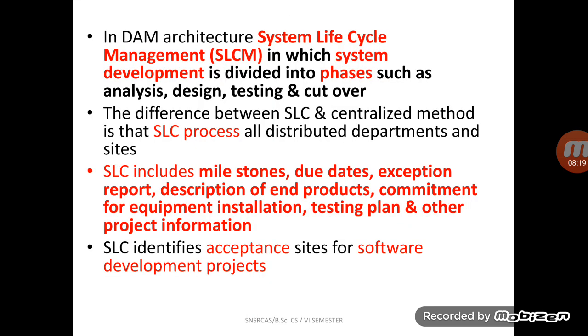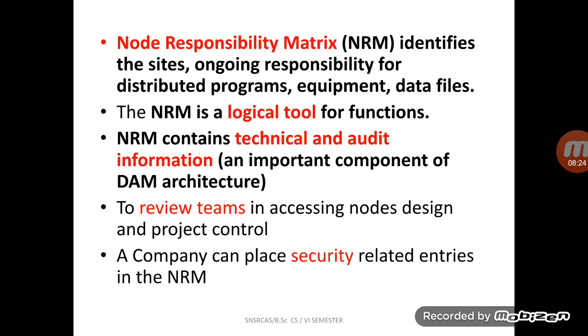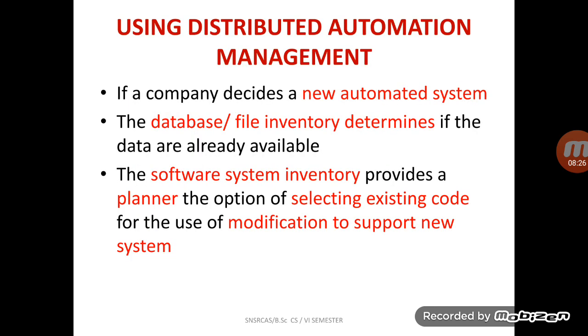Now we can see using distributed automation management. A company can decide on a new automated system. So first it must know the functional requirements, data needs and output report requests, and these are reviewed by a coordinating group.